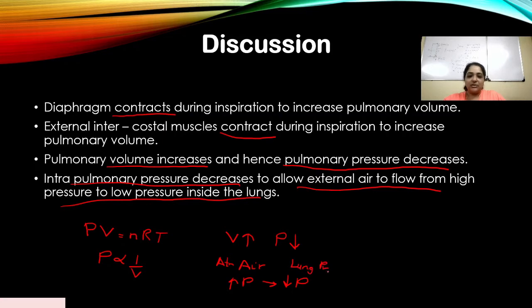Lung P is lung pressure. Air will always diffuse from high pressure to low pressure. Look at it as a slope: high pressure moves down to low pressure, like this. So this is how inspiration happens in the lungs. I hope this is clear, and then we'll move on to the next question.